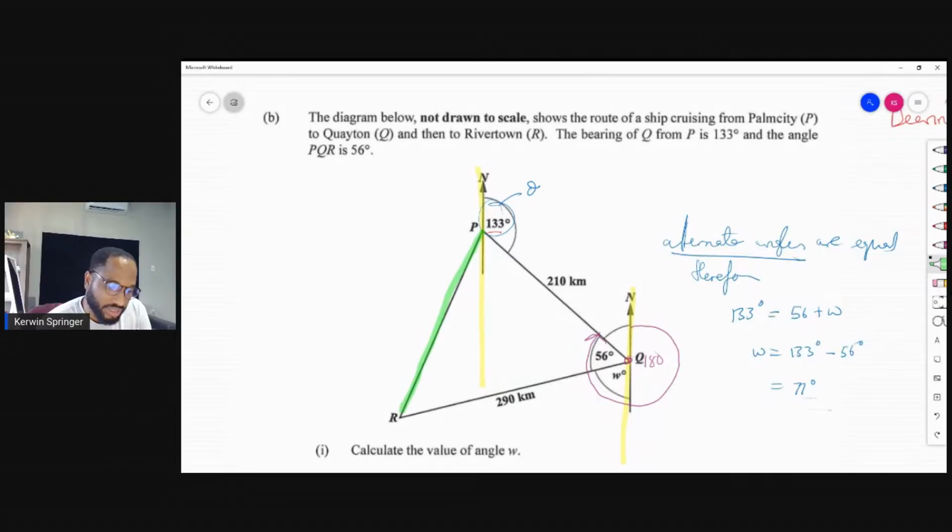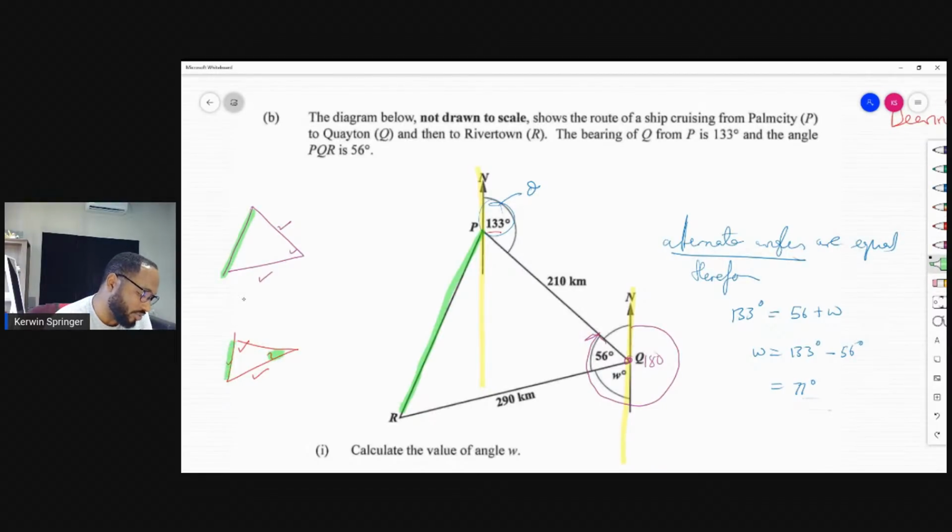Well, if you're seeing something like this, a triangle, and you know these sides and you know the angle, and they want you to find this side, cosine rule. If they're showing a triangle like this, and you know one angle, one side, and they're trying to find a missing angle and they know the opposite side, then you're trying to do sine rule.